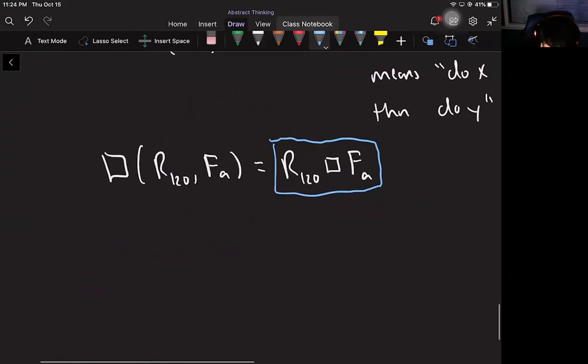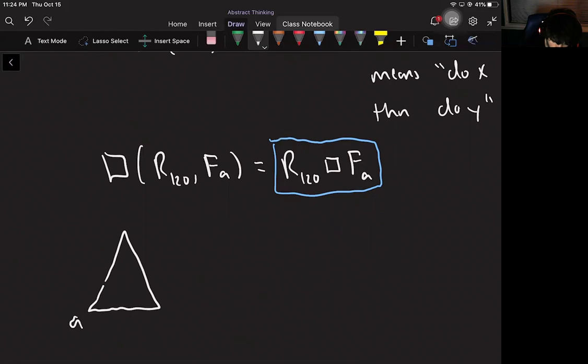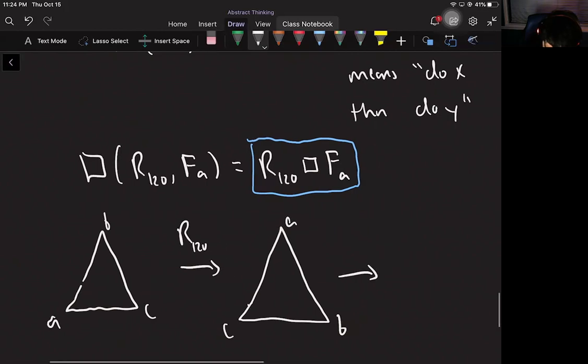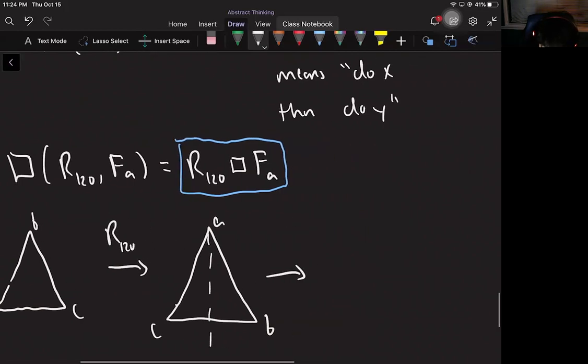So let's figure out what it actually is. It's got to be one of those. So I can just do the operation to see. So first I rotate by 120. And then I flip over A. So that's that guy there.